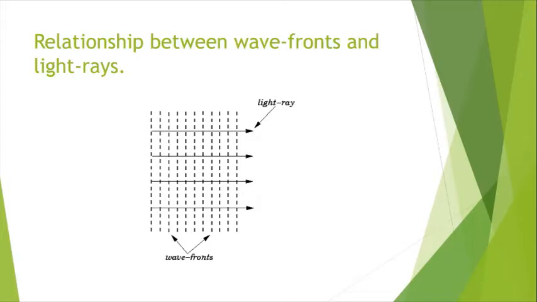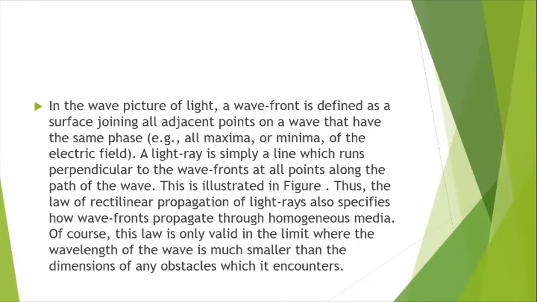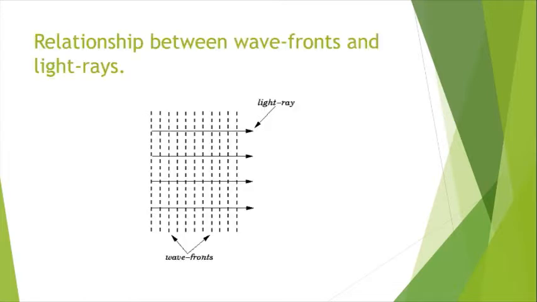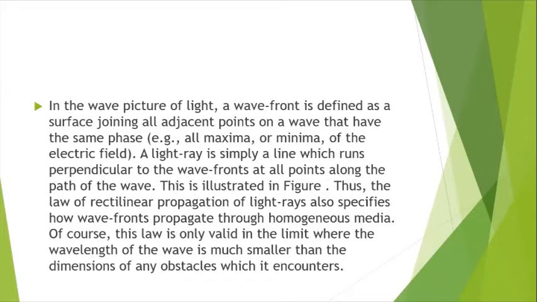Ito yung nag-illustrate kung paano yung law ng rectilinear propagation sa light rays. Okay, makikita natin siya, broken arrow, yan yun. Then next, of course, this law is only valid in the limit where the wavelength of the wave is much smaller than the dimension of any obstacle which it encounters. Okay.